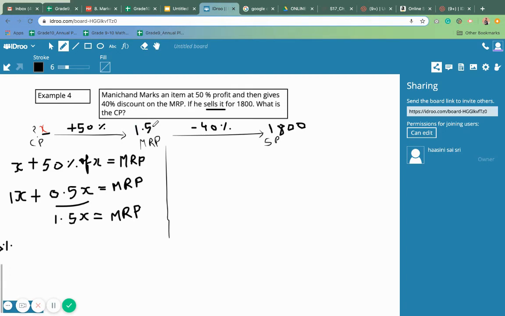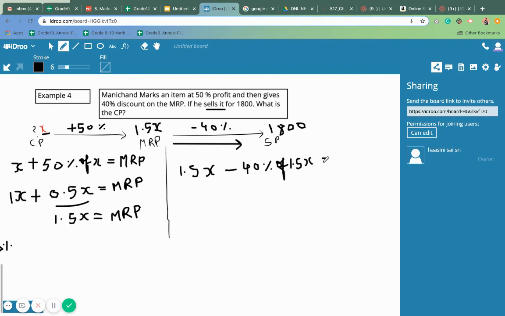So my next part is the second part of this flow chart, where I'm going from the MRP to the SP. How am I going to write the equation? I have 1.5X with me. From this I gave a 40% discount, that is minus 40% of 1.5X, and that will give me 1800.